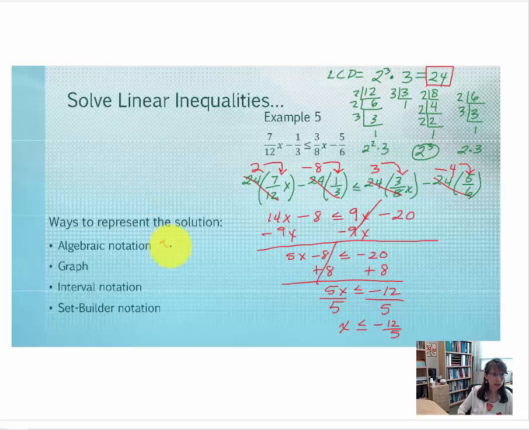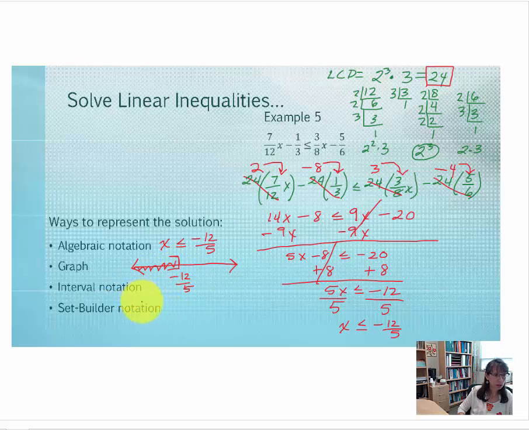This is our algebraic notation. And we're ready to go to the number line to graph this solution, or a whole range of solutions, really. So I'll pick a mark, call it negative 12/5. Less than would be to the left. Equal to means I need a bracket.